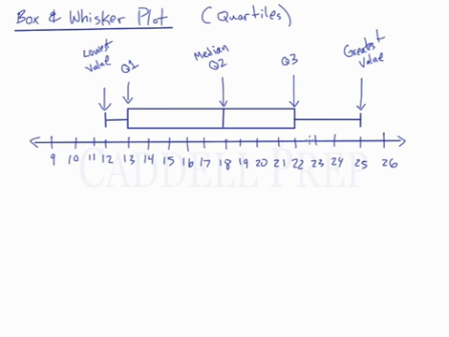So let's just break this down into percents now, how this represents our set of numbers. Whatever the set of numbers were, we know that 25% of them were between 12 and 13.